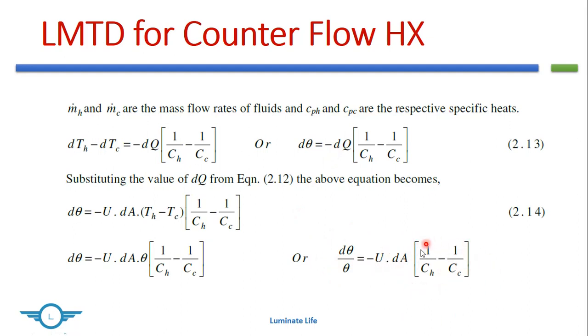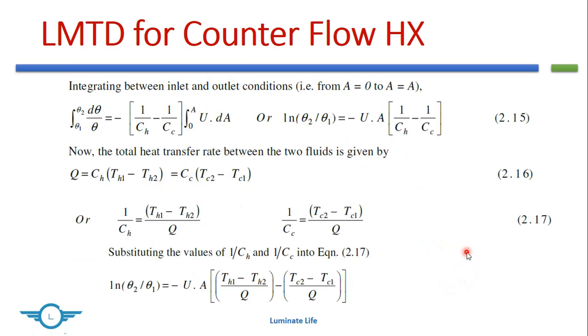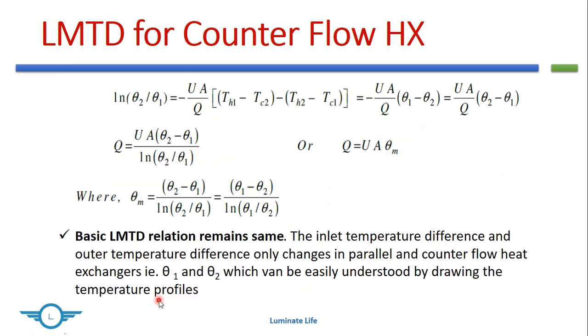Here we will find the value of 1 by Ch and 1 by Cc from the equation. We will substitute this into the equation and integrate to get ln theta 2 by theta 1 is equal to minus UA by q into (Th1 minus Tc2) minus (Th2 minus Tc1). Now this Th1 minus Tc2 is equal to theta 1 and Th2 minus Tc1 is equal to theta 2.